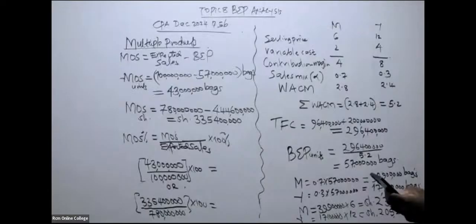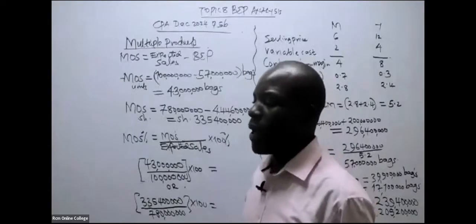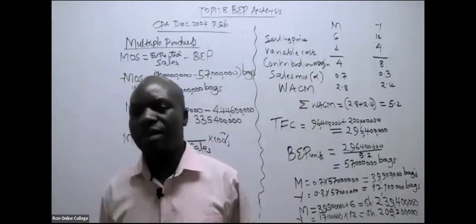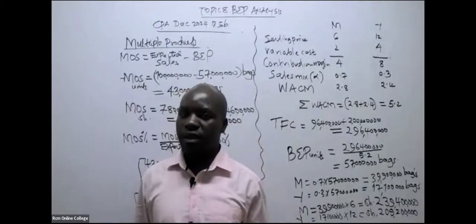Maya Limited produces 2 products, namely product M and product Y. The following budget applies for the year ended 30th June 2024. In a question of this nature, the term budget is the same as expected, is the same as the standard sales budget.